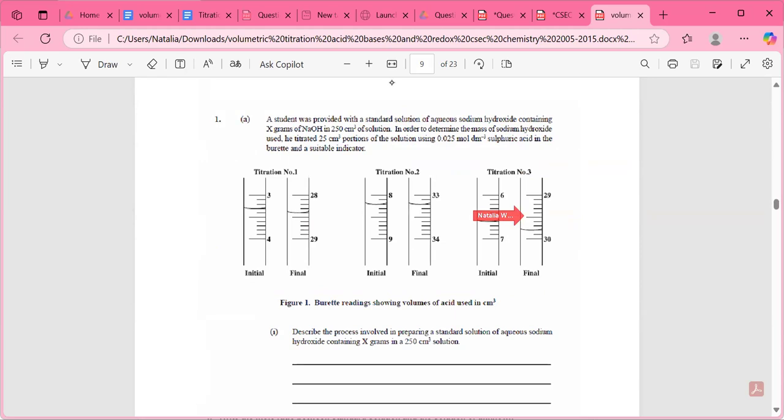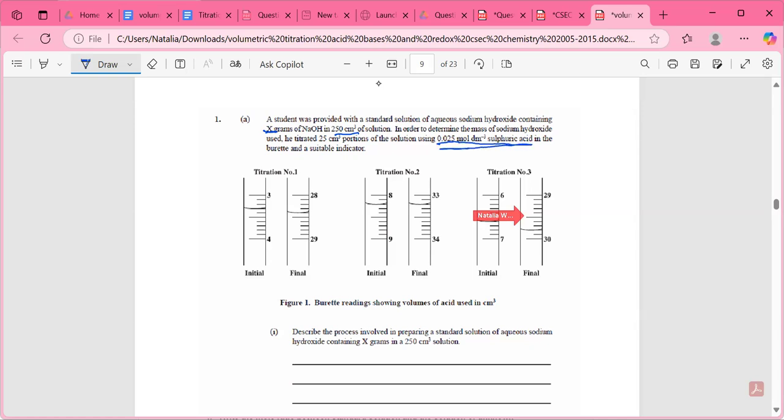All right, a student is provided a standard solution of aqueous sodium hydroxide containing X grams of sodium hydroxide in 25 centimeters cube of the solution. In order to determine the mass of sodium hydroxide used, he titrated a 25 centimeters portion of the solution using 0.025 moles per dm cube sulfuric acid.